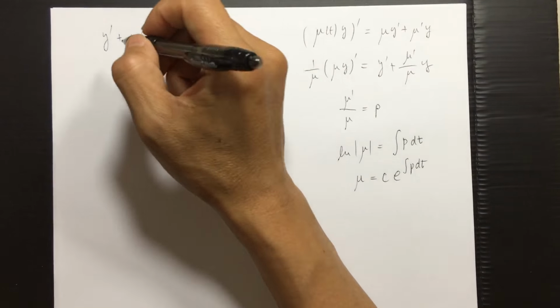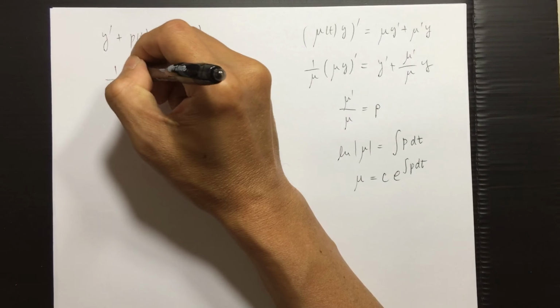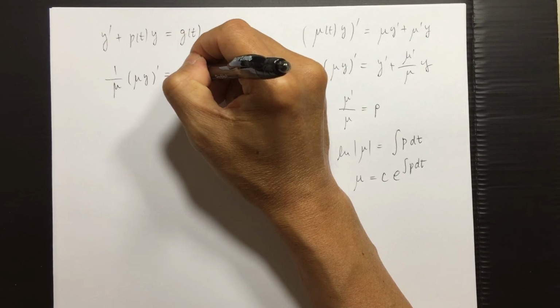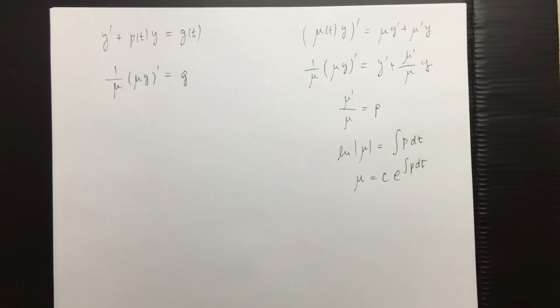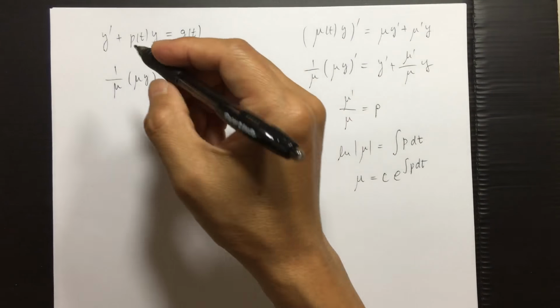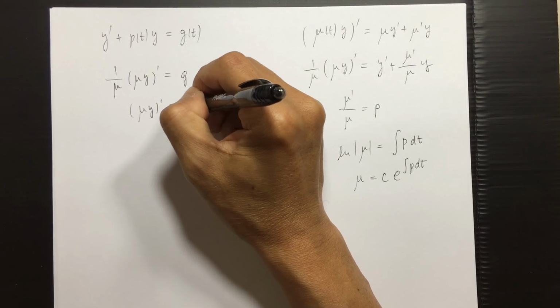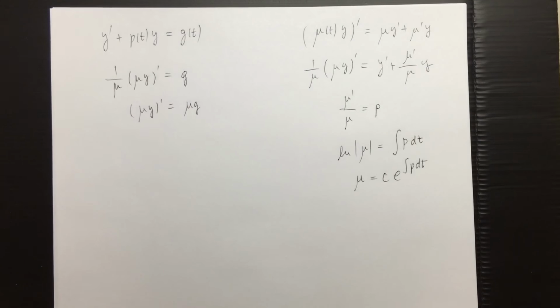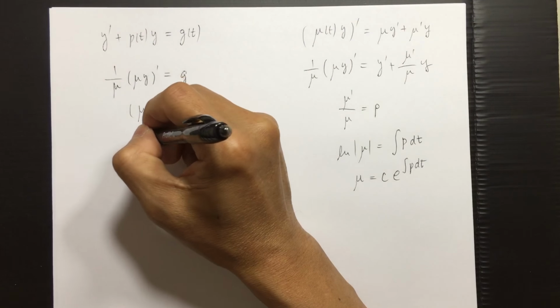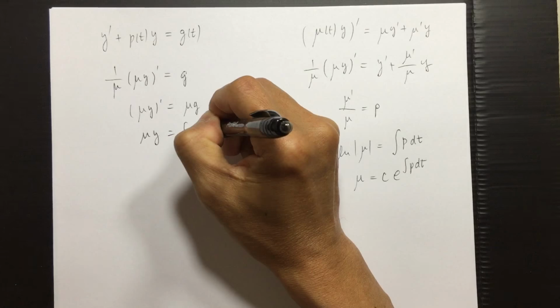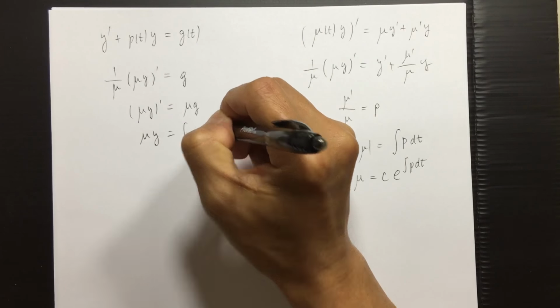So that's 1 over mu times y prime equals g, right? Multiply by mu: mu y prime equals mu g, right? So mu y equals the integral of mu g dt.